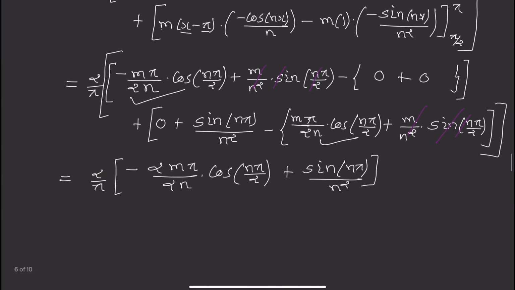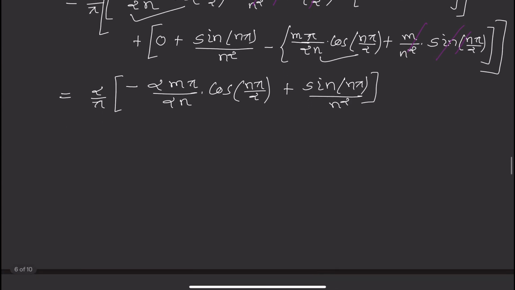Please remember the left hand side is bn, right? But let us see what is cos n pi by 2 and sine n pi.